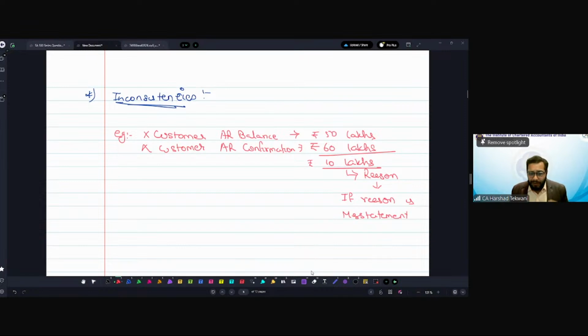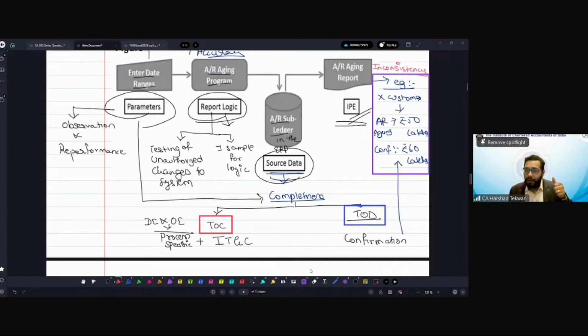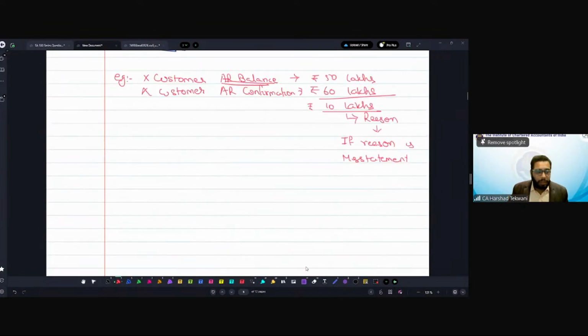So if the reason is a misstatement, that my AR balance, which is there in the books, is incorrect, I have to reassess my risk of material misstatement. In this case, reassess risk of material misstatement number 1 with respect to AR.